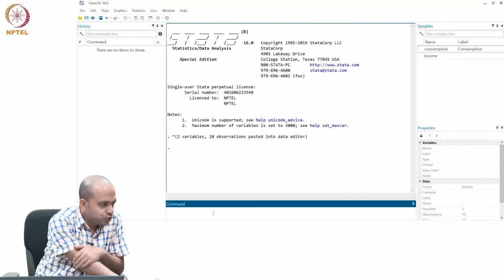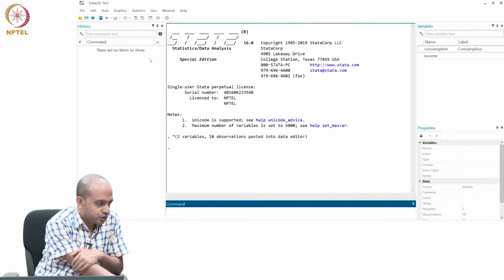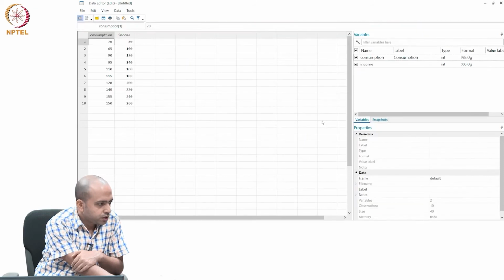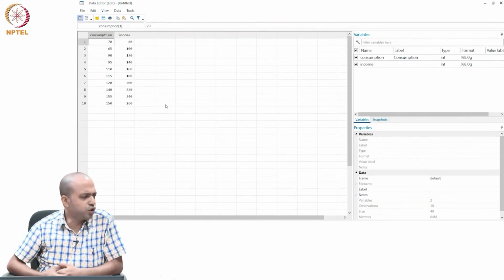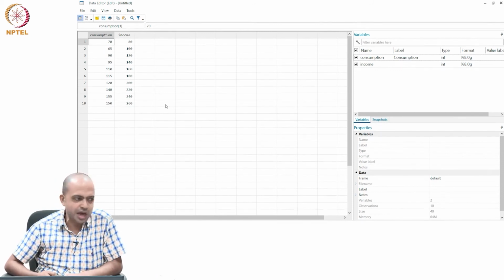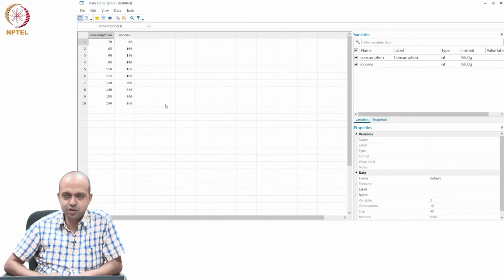Now, I will show you what my data source is, what data we are going to estimate. Look at this. This is a hypothetical, small sample of data on consumption and income for 10 families. So, I have a simple data set of income and consumption.